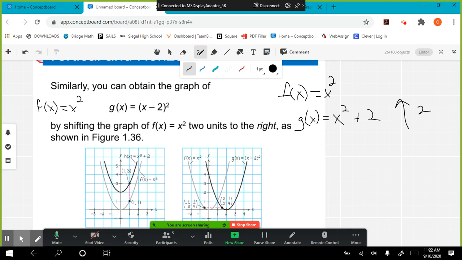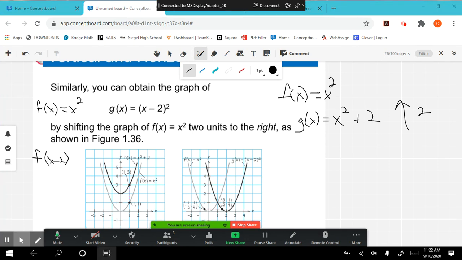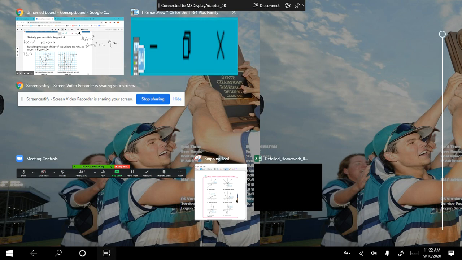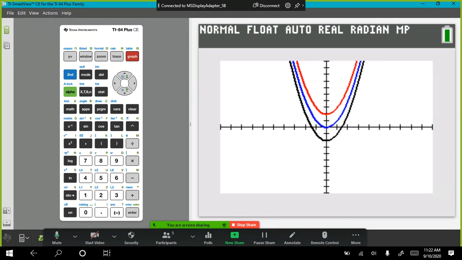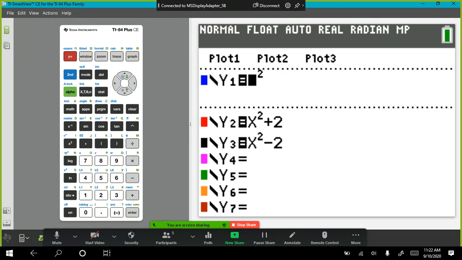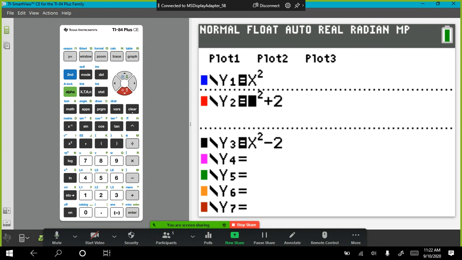So what we actually did is subtract a number. Basically, we are finding f of x minus 2, and this is what's going to cause it to shift left or right. So if we go back to our calculator, and let me clear the second 2.